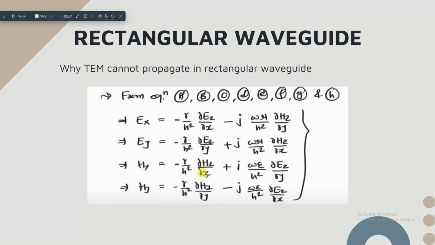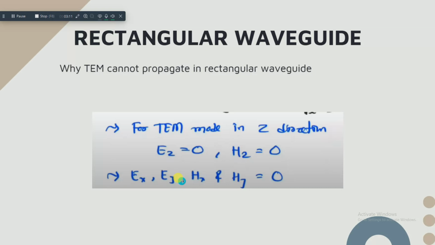Now, as per TEM waves, we know Ez and Hz are 0. Putting those in these equations, we basically get Ex, Ey, Hx and Hy equal to 0. This means there are no components along any axis of the rectangular waveguide. That is why we can say that TEM cannot propagate in the rectangular waveguide.